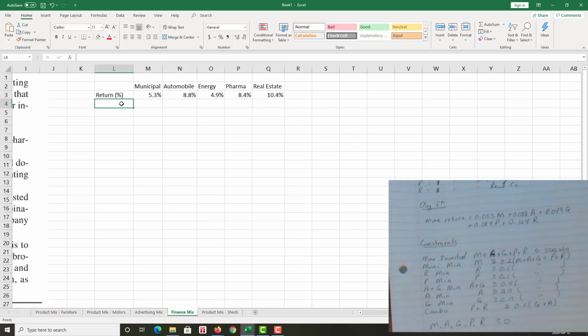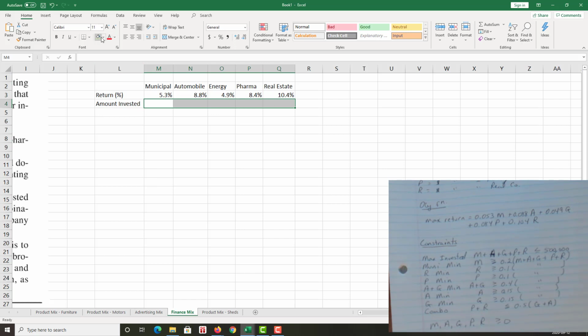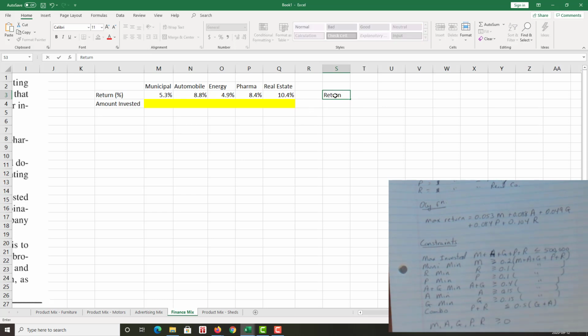Okay. Next thing is I'm going to look at the dollars invested, or amount invested, and that is what we're deciding upon. So that means we're going to give that a little bit of a yellow color because we don't know what it is. We'll figure that out later. And in order to figure it out, we need to know what our return is. Okay. Give that a nice little green. Return.